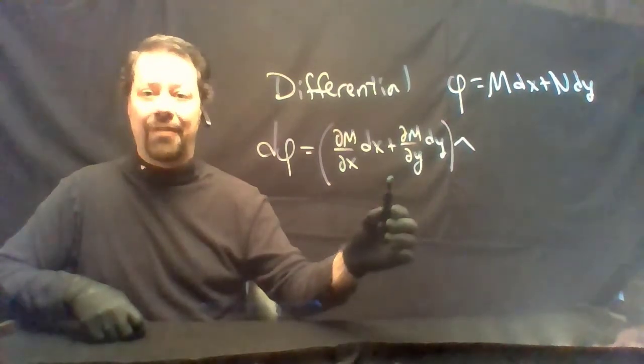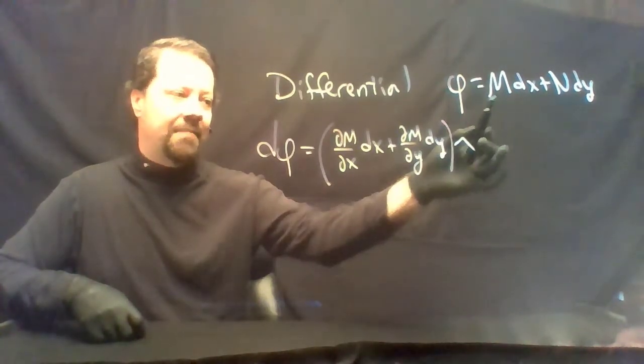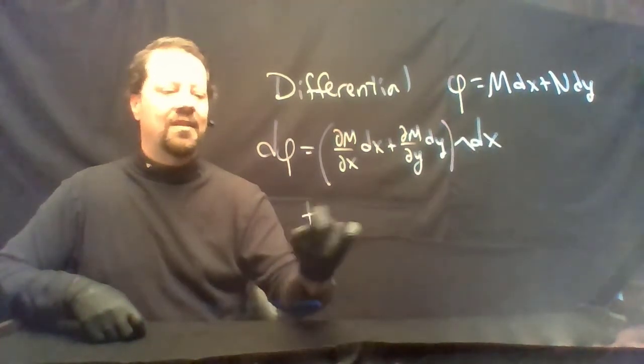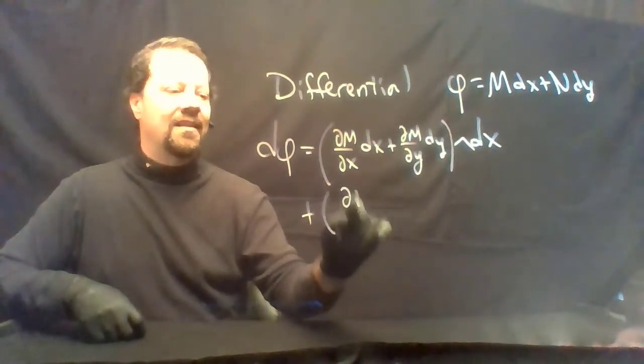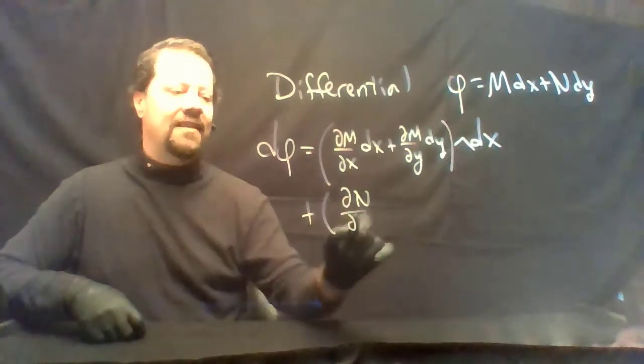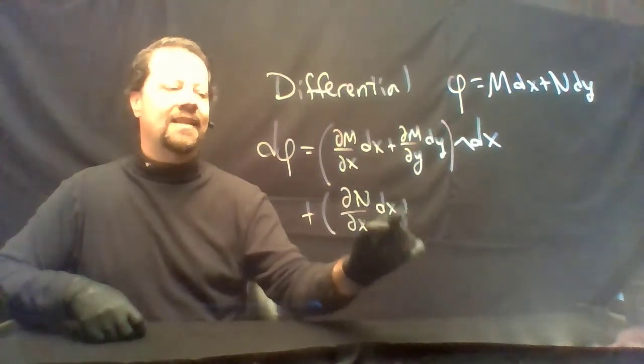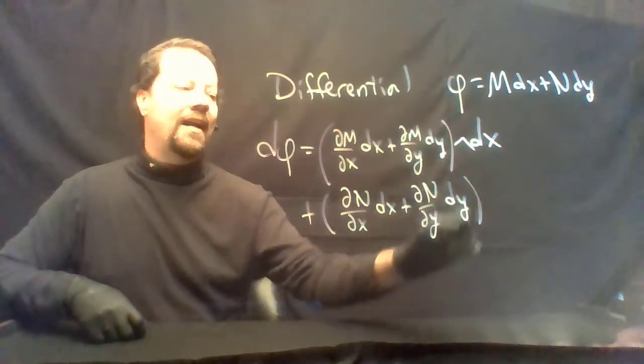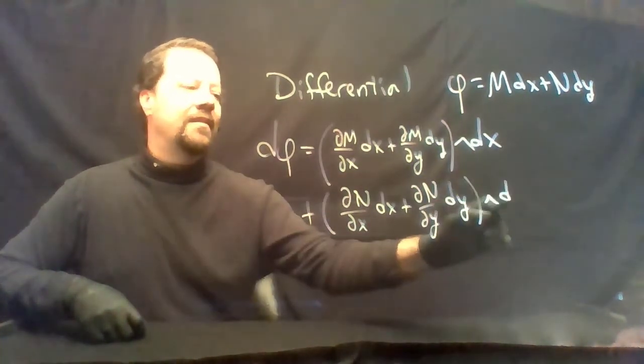That's the usual differential of the function m, but you're going to take the wedge product with dx plus the differential of n, dn/dx dx plus dn/dy dy, and you're going to wedge with dy.